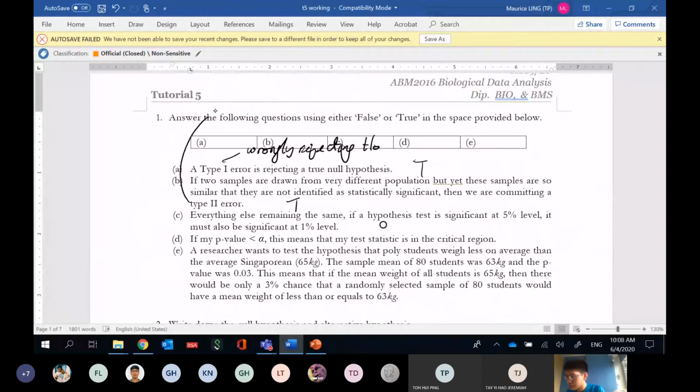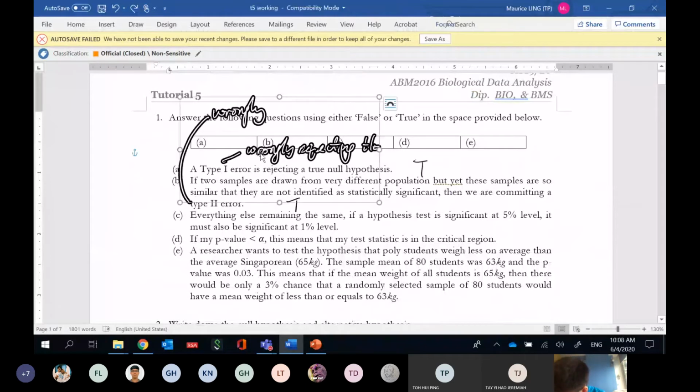Type 2 error is wrongly accepting the null hypothesis, that is, wrongly rejecting the alternate hypothesis as not significant. I know type 1 and type 2 are very confusing, so a lot of people don't use these terms anymore.